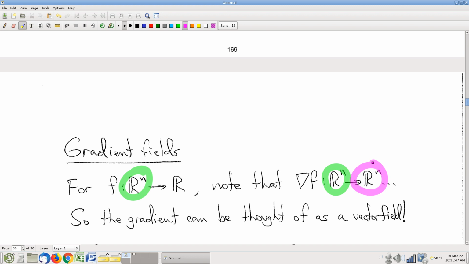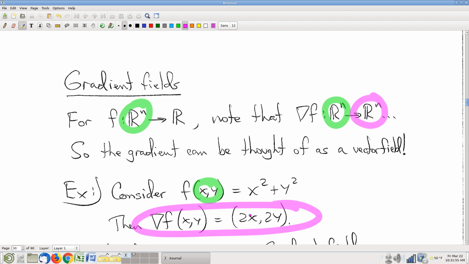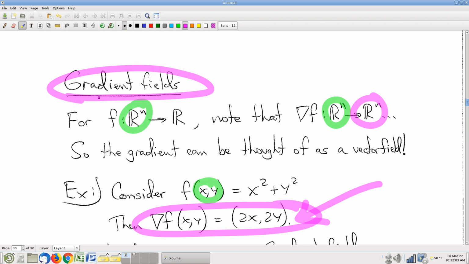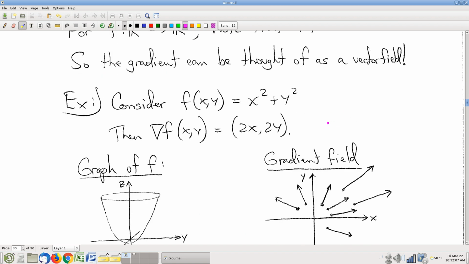So now I'm just saying, let's open it up and observe that, given any input point, when you write down the formula for the gradient, that is an output associated vector, which can be interpreted as a vector field. And so we will call this the gradient field now. It's just the same gradient that we talked about before.